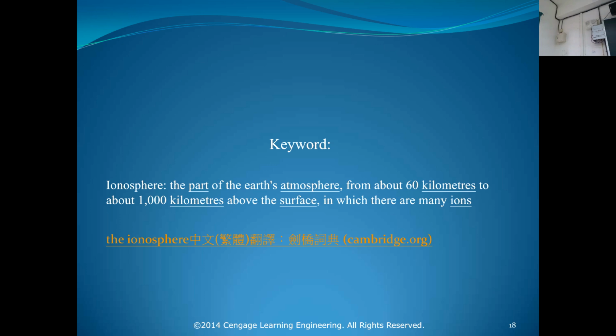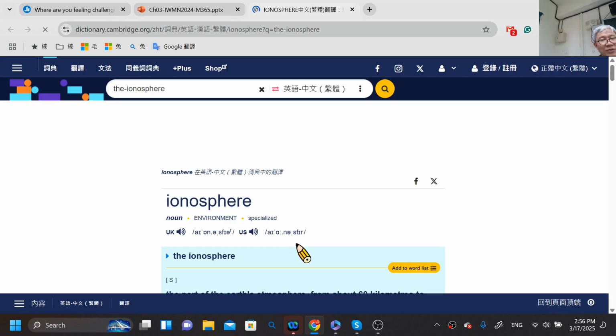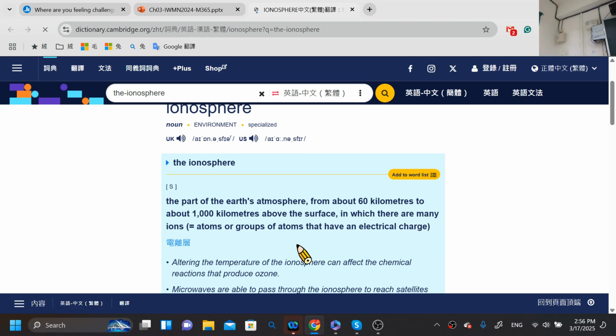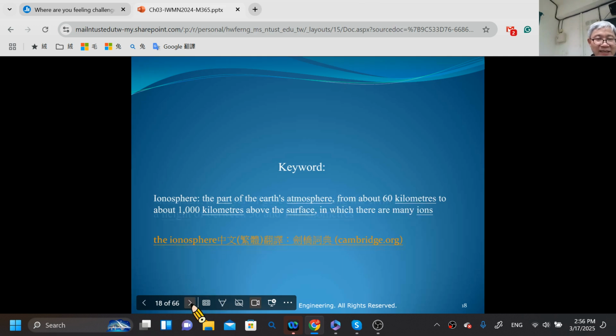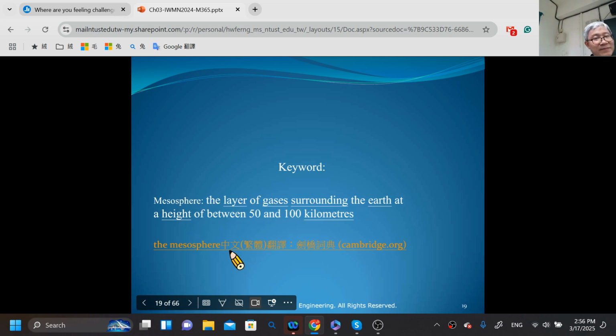Well, maybe for Taiwanese you want to know what ionosphere means. I try to read the Cambridge Dictionary, this one. And actually we have the others. And how about this? Here we have the definition, the range, and which layer?